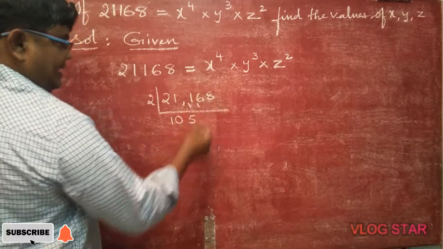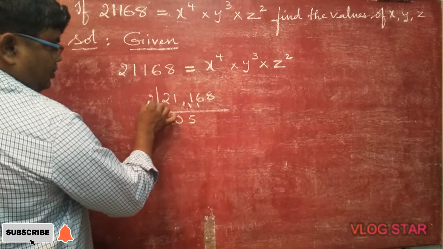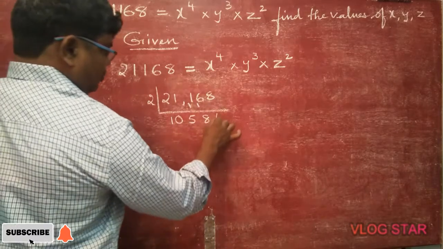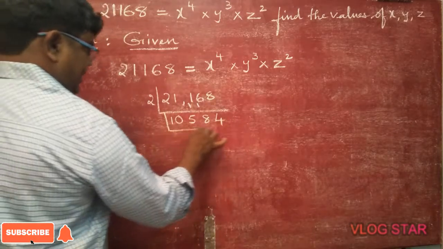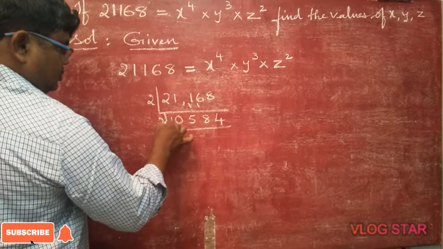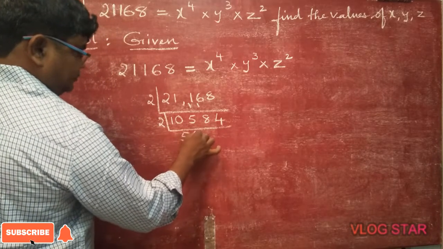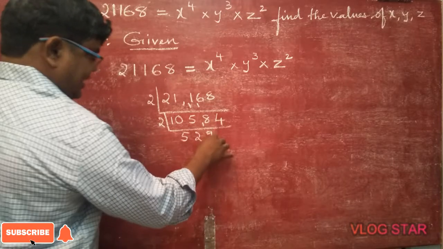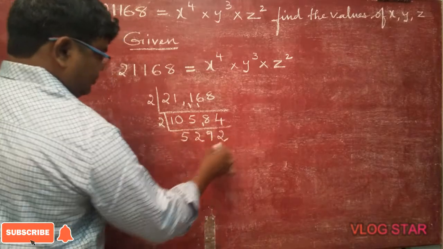Again 1 remaining here. 2 8s are 16. 2 4s are 8. Again 2 table goes. 2 5s are 10. 2 2s are 4. 1 remaining, 18. 2 9s are 18. 2 2s are 4.